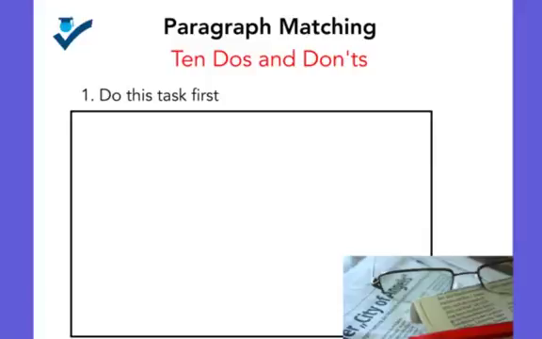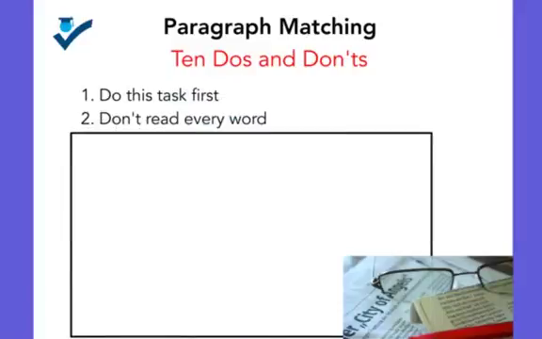Okay? Because if you do this, you'll be able to get the general meaning of the text as a whole. And later it will help you with the rest of the questions that will ask you to take a closer look at the text. So it would be a good idea to try and get over this hurdle first.